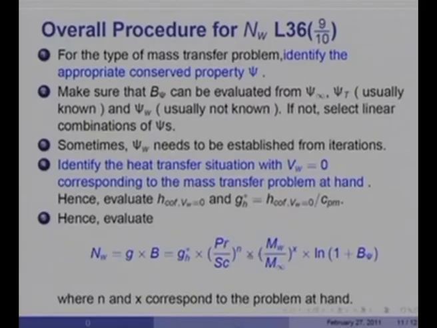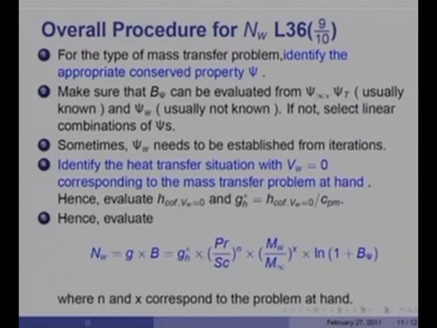So, n and x are to be carefully chosen from the correlation itself, and the x value we only take in laminar flow as 0.66 and in turbulent flow as 0.4. So, these can be easily calculated. So, that is the overall procedure for calculating N_W using the Reynolds flow model.